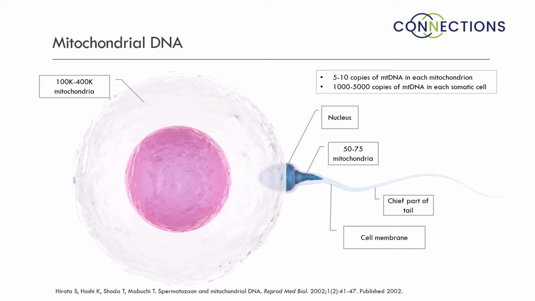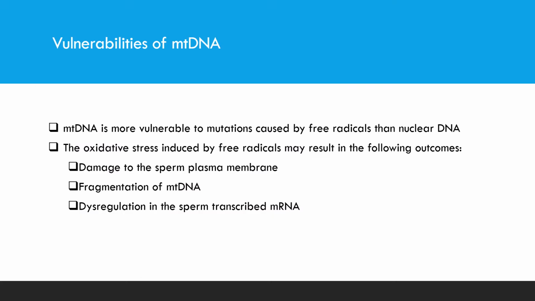Mitochondria have a high capacity to produce reactive oxygen species. Therefore, mtDNA is more vulnerable to mutations caused by free radicals than nuclear DNA. There are several factors, including the lack of histones, the absence of cytoplasm, and the limited production of antioxidants, that make mitochondria highly susceptible to peroxidative damage.